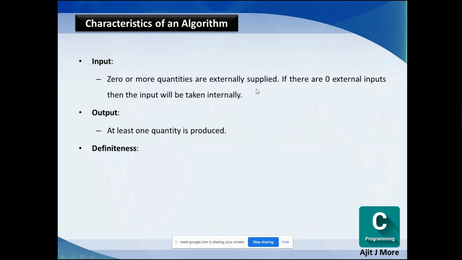Now what is definiteness? It says that when you are writing your algorithm using simple English-like language, a finite sequence of steps, line by line you are writing the detailed solution for your problem, then all the steps should be clear and unambiguous.